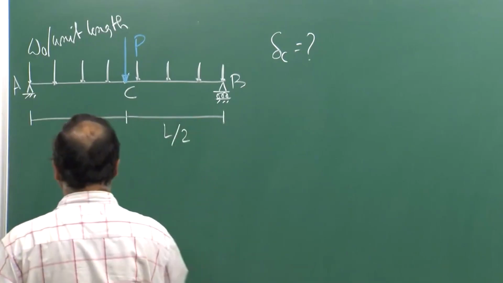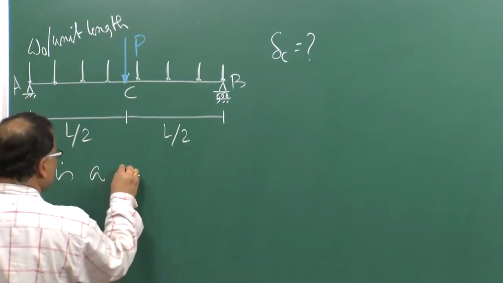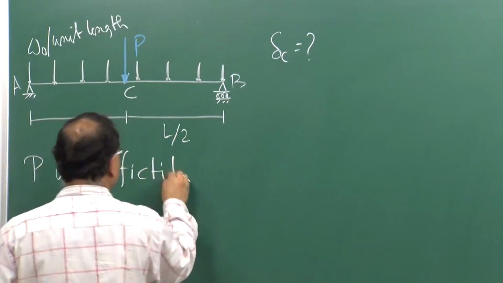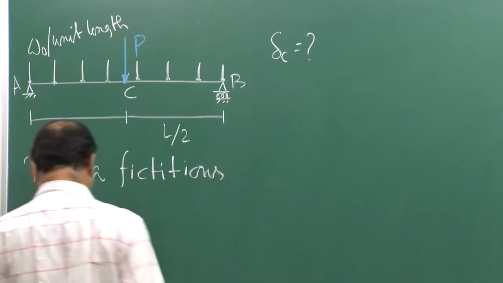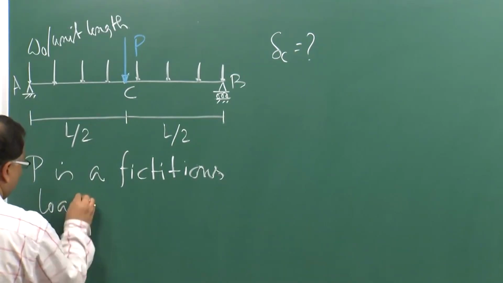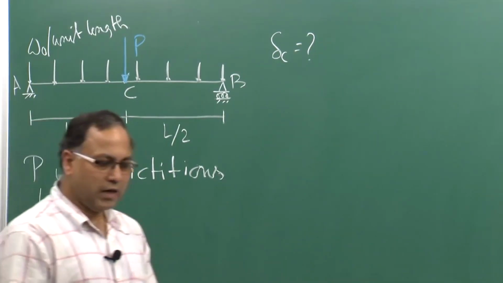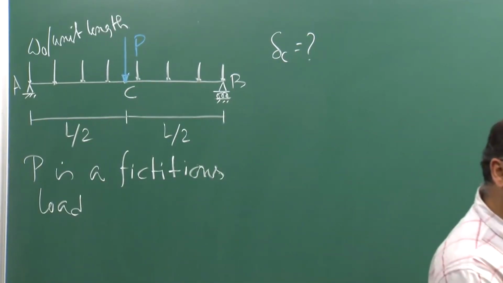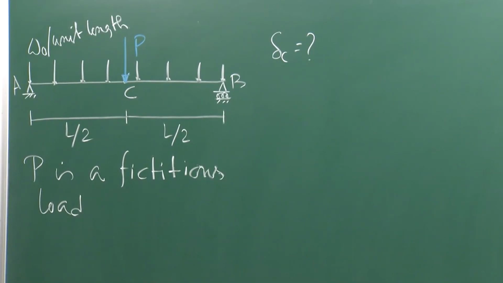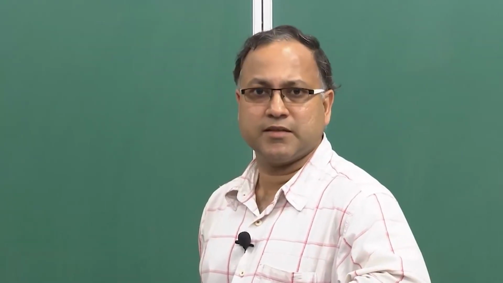So, P is a fictitious load that really does not exist, but we are considering it so that if I get the strain energy with respect to all these forces acting on the beam, and take the partial derivative of that total strain energy of the system with respect to P, that will give me the central deflection delta C, fine.